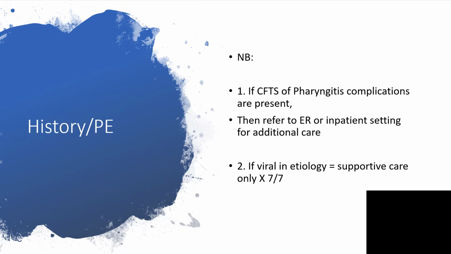So if you are able to pick any of that, then refer to the emergency room immediately or inpatient setting for additional care. But if that is not the case, if the history and physical and clinical features are also suggestive of viral etiology, then we give supportive care for about 7 days.